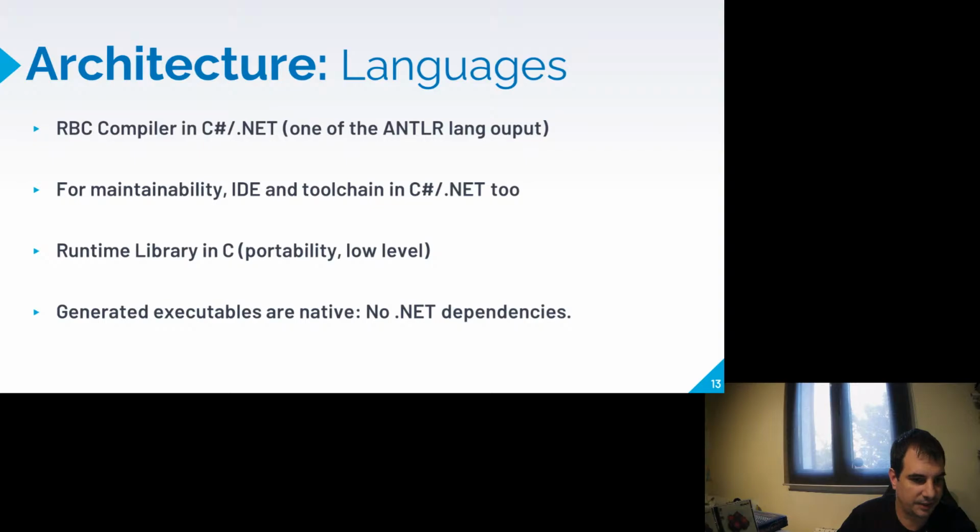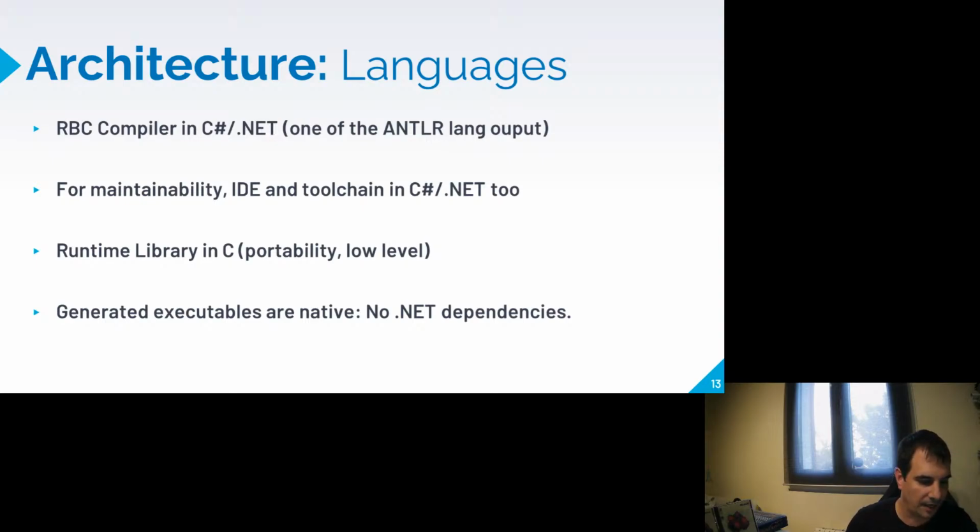For maintainability, the rest of the tools, the toolchain, are written in C# with .NET 2, only to not pick more languages and make maintainability difficult, and for the future collaboration on the project.